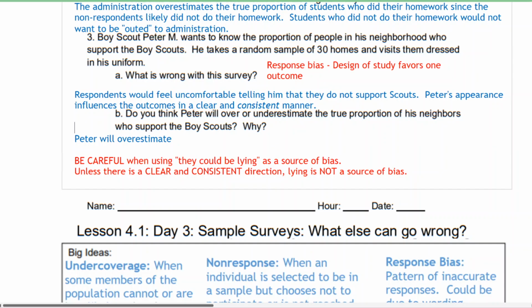And finally, I want everyone to be careful when you're saying they could be lying and calling that a source of bias. While it's true that people could lie or falsify their opinions, it's not really going to be a source of bias, or at least we can't call it a source of bias unless there's clear and consistent direction to that lie.